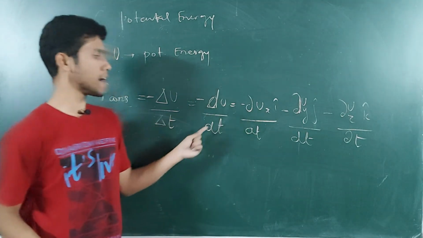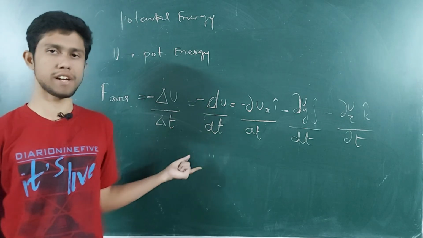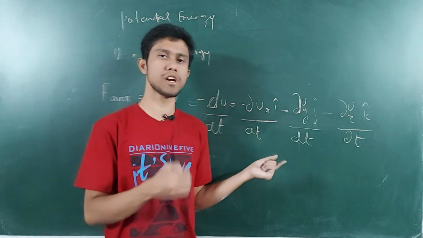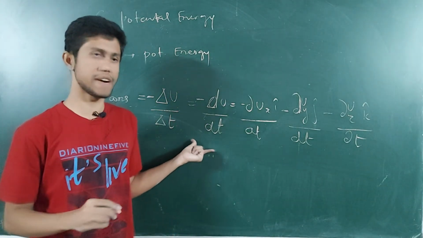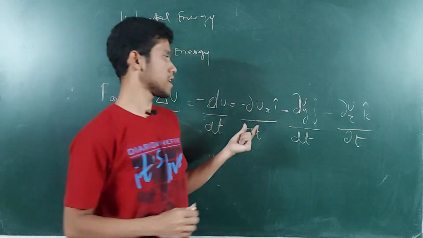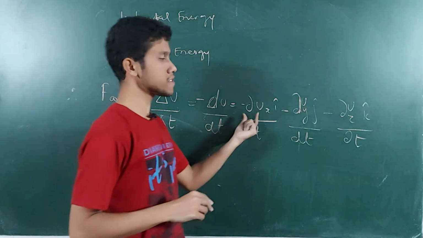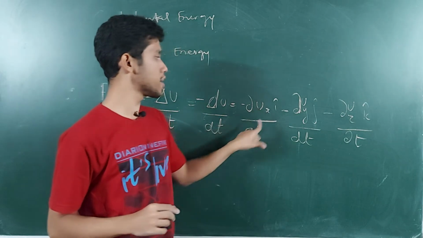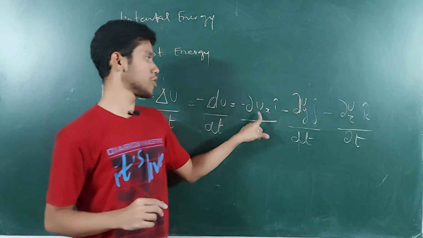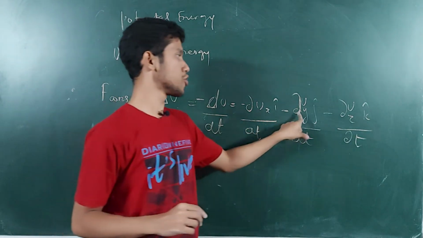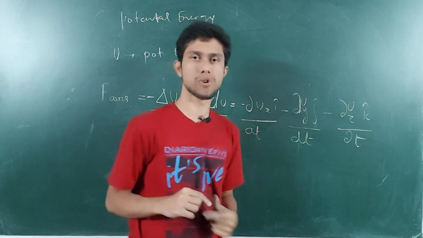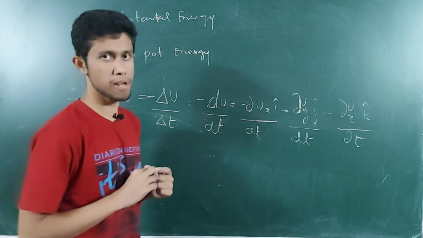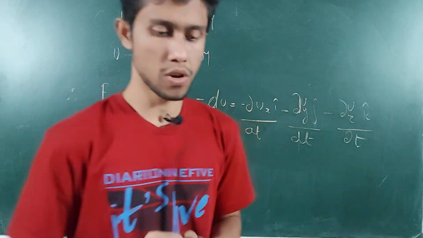Here it was dU by dt, a complete derivative, but this is a partial derivative and it has to be solved somewhat differently from the complete or full derivatives. Up till now you have to understand one simple thing, that this is a partial derivative, given by the symbol ∂. So this is ∂U/∂x, this is ∂U/∂y, and this is ∂U/∂z. This is the most important thing which you have to keep in mind while solving problems on potential energy.